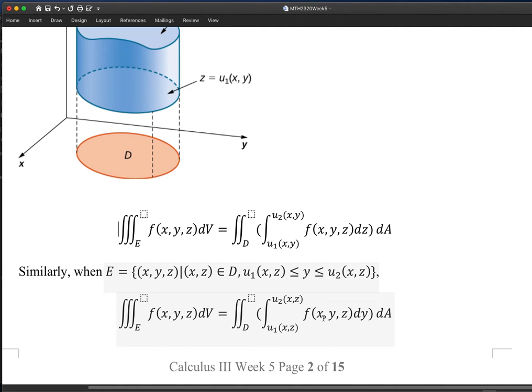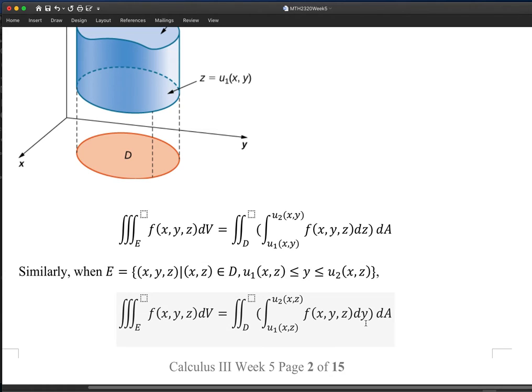After this round, we're going to have an integral in terms of x and z. Then you check the situation in the xz plane, and hopefully you will see type 1 and type 2 regions in the xz plane, and then you make the arrangement accordingly.